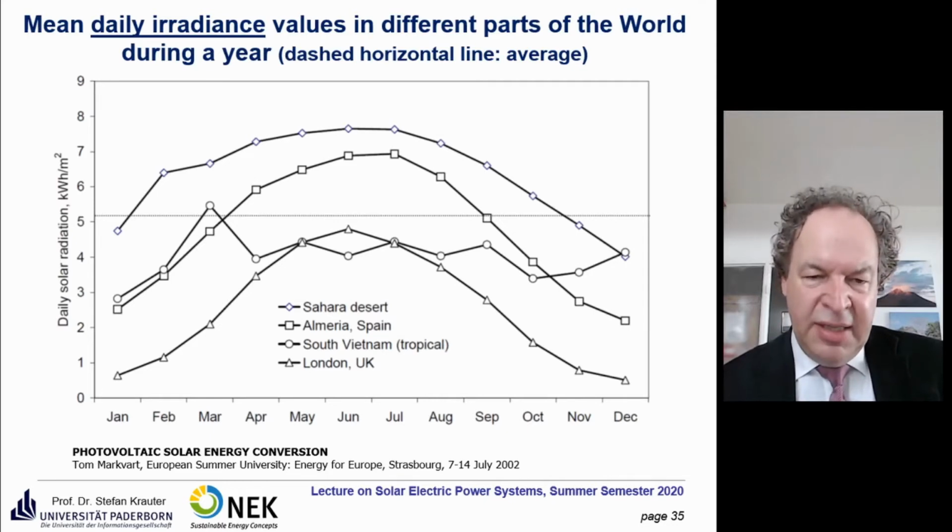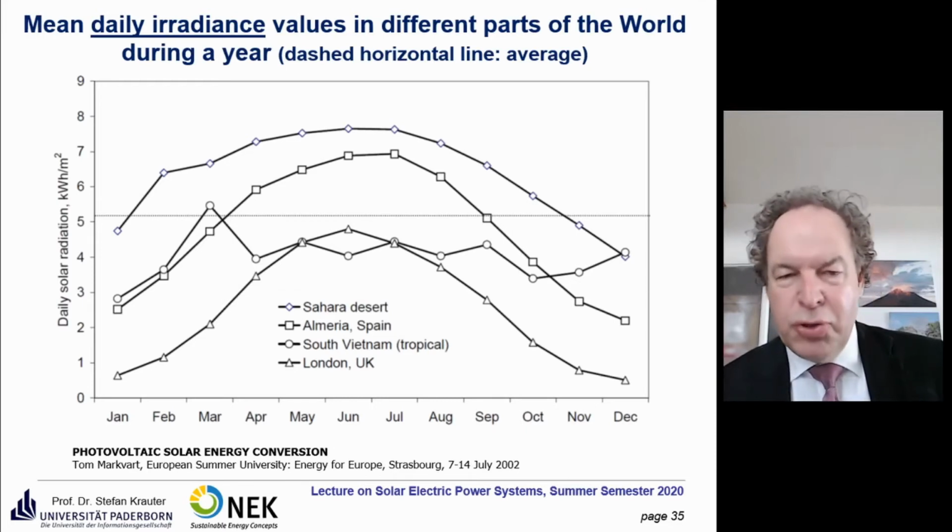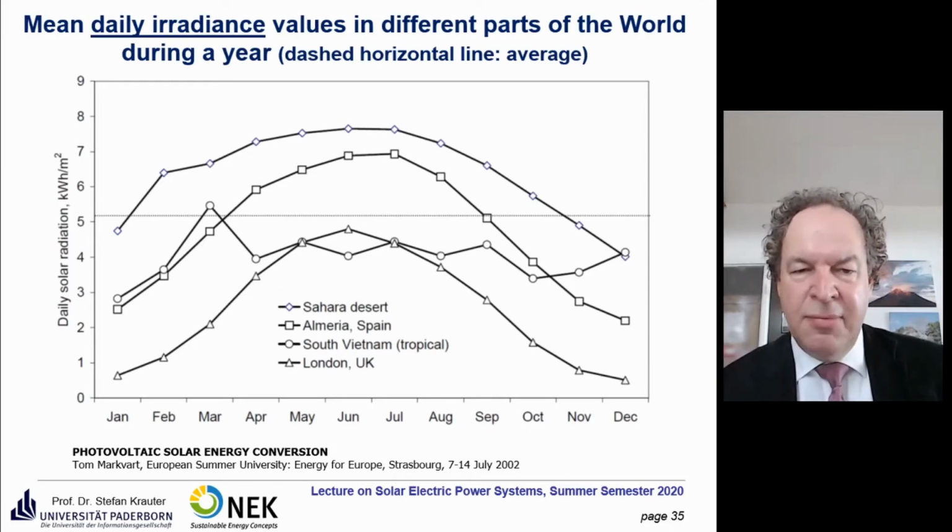Then we have some tropical locations like South Vietnam. It should be closer to the Sahara curve, but because we have a lot of rain showers and monsoon times in summer, the maximum achievable irradiance is very much reduced due to the cloudy skies.